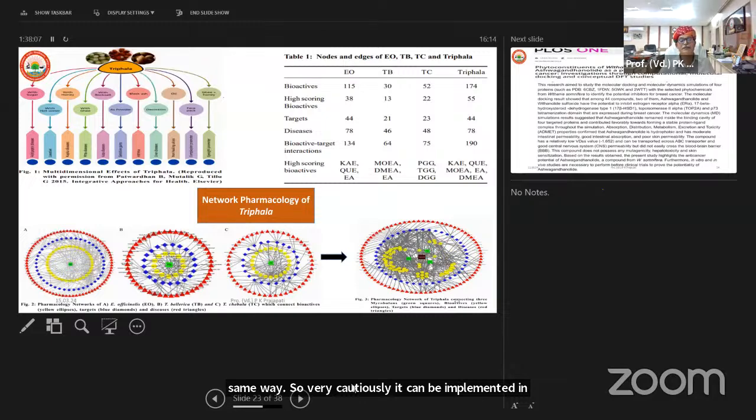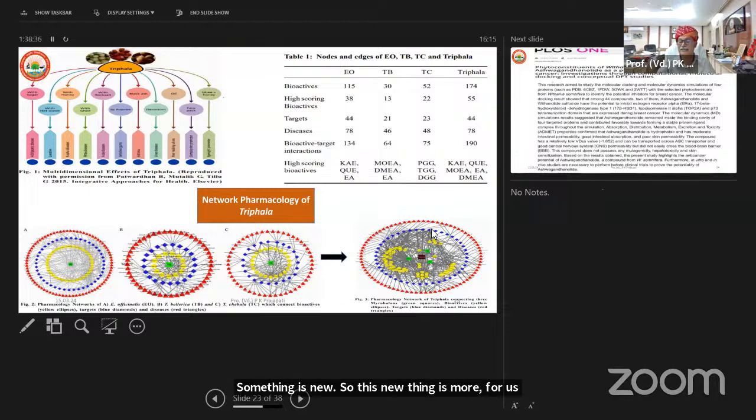So this is a picture of the Triphala network pharmacology. You can find that the individual materials have different structures. But when all three are combined, then the structure of this Triphala is different, and something new is developed. This new thing is more efficacious for us.